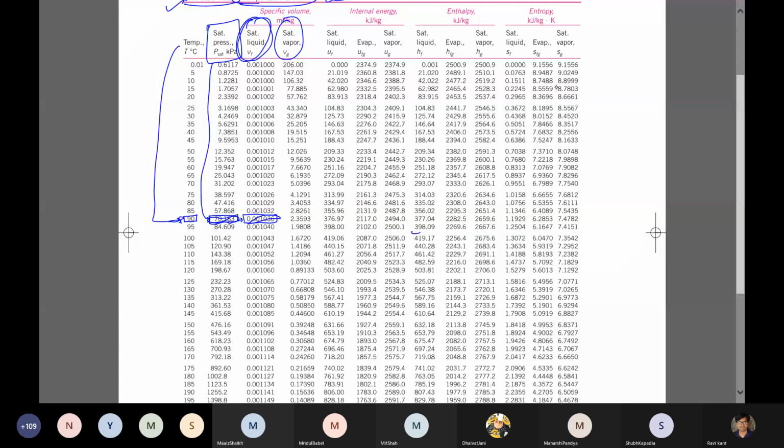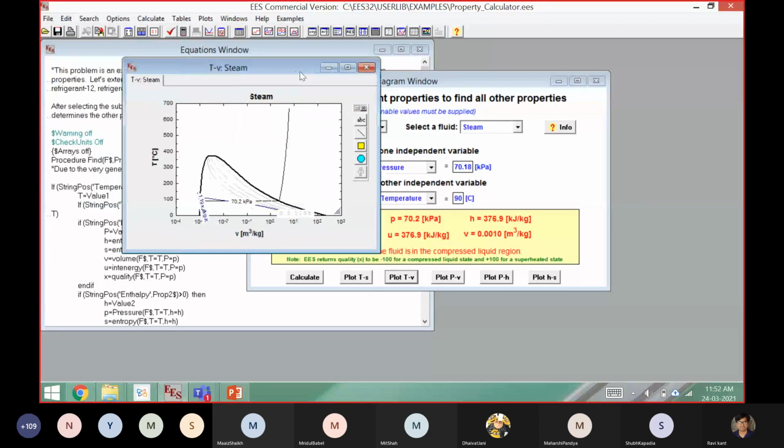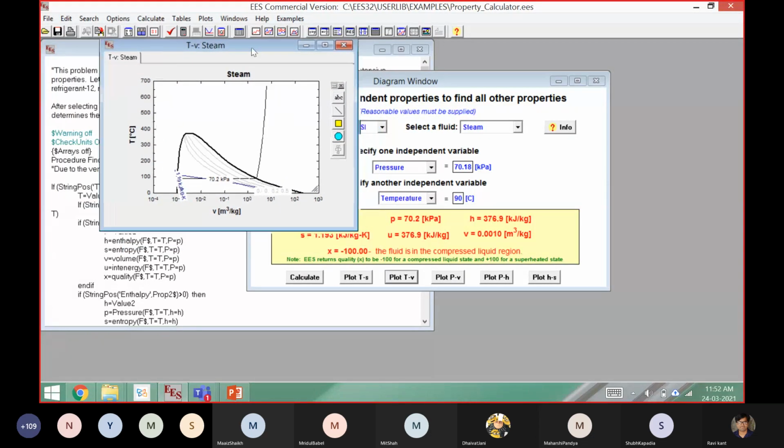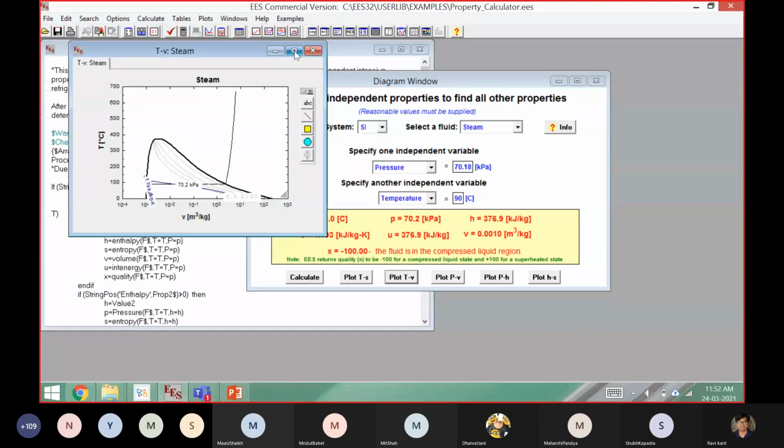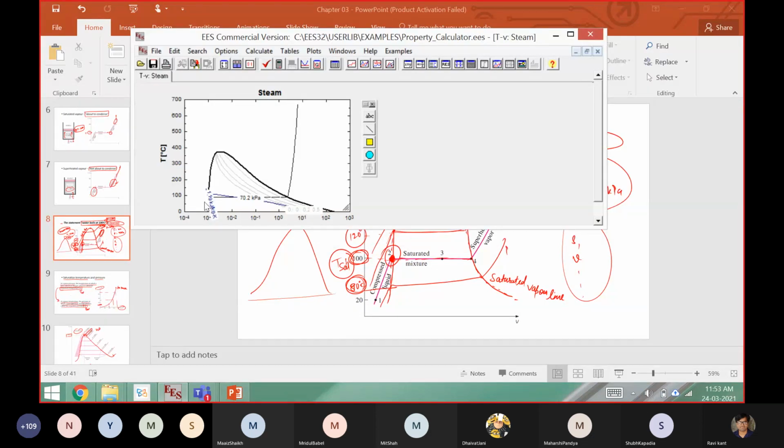I can do a T-v plot. This is the dome you are expecting, and on this line you will have the saturation condition, and it will be somewhere here. So all sorts of plotting you can do in the EES software.